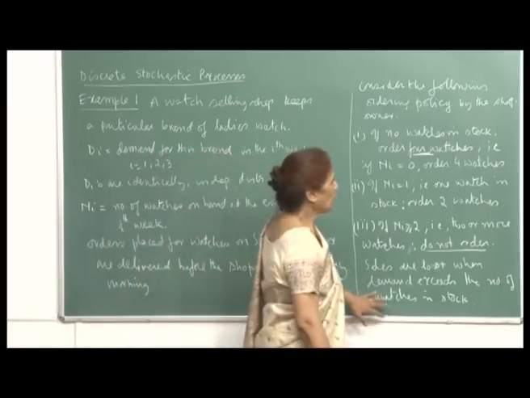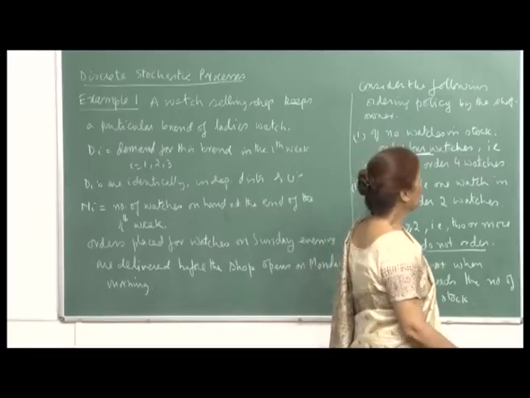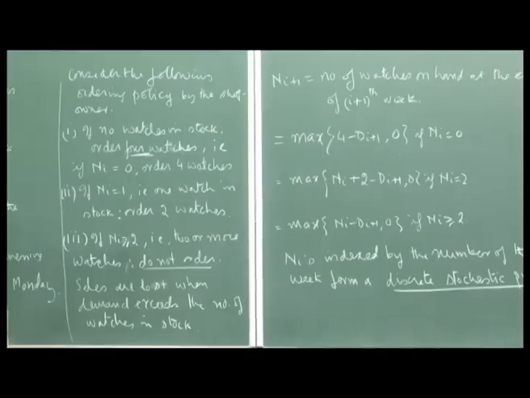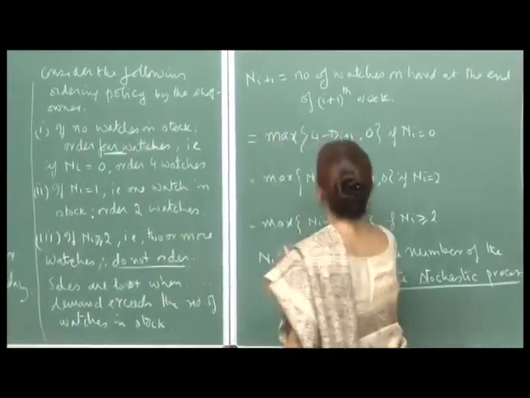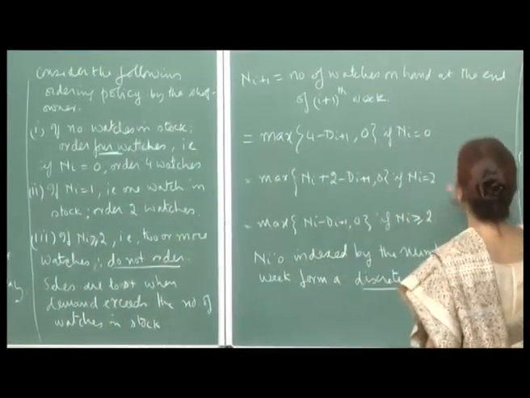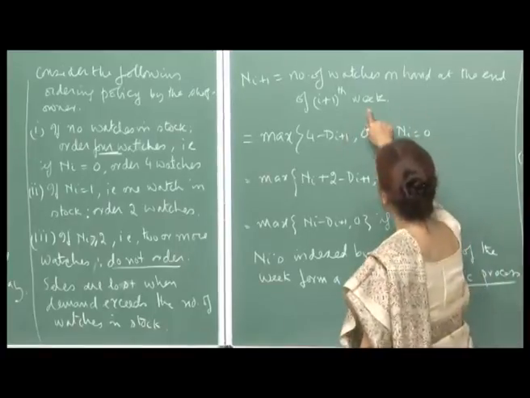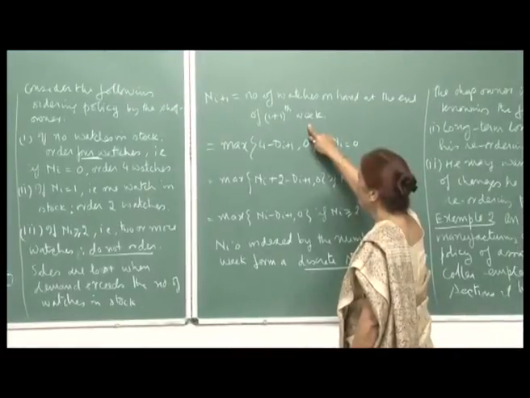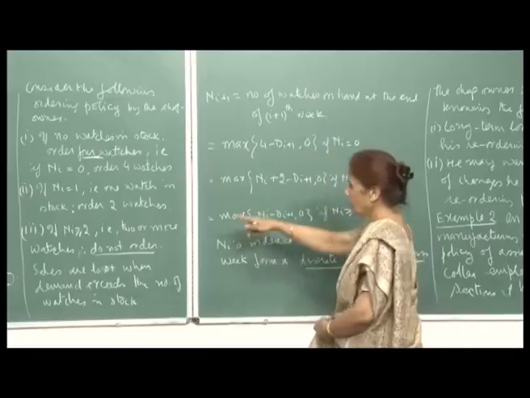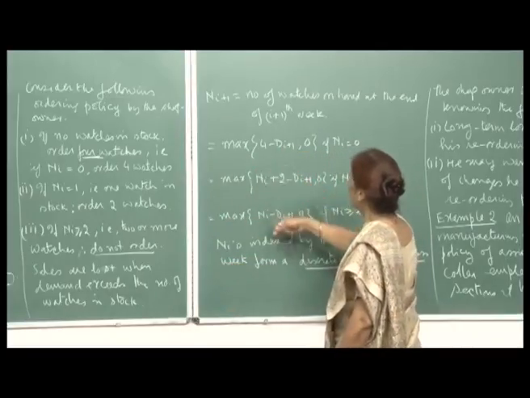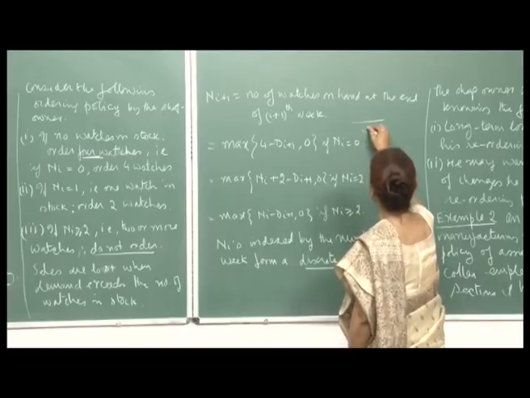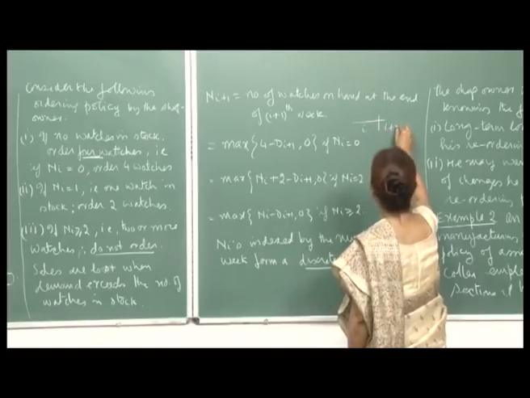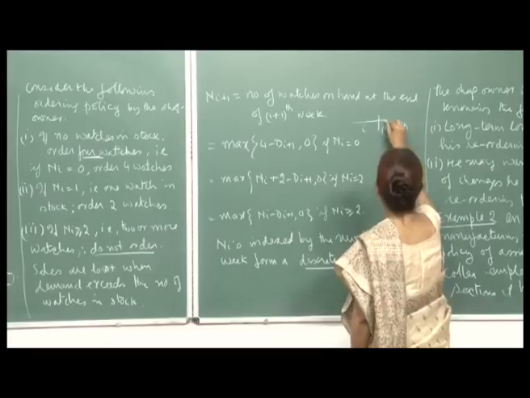So, fine. Now let us look at what would be the position in the following week. So, Ni plus 1 will denote the number of watches on hand at the end of the (i plus 1)th week. And how will you compute Ni plus 1 given Ni? You see, this is your ith week and this is your (i plus 1)th week.